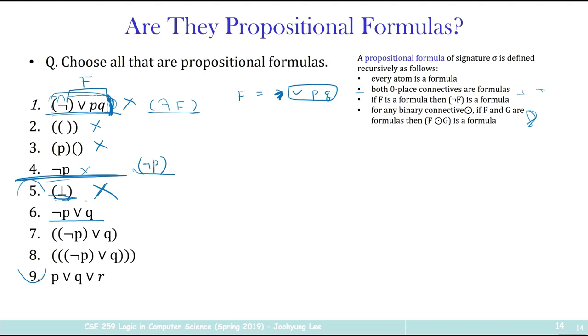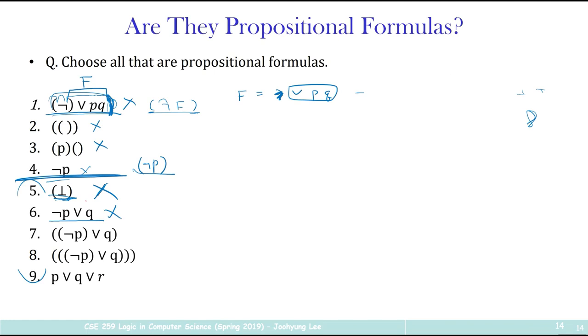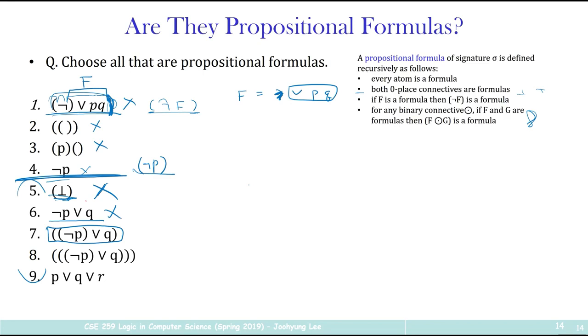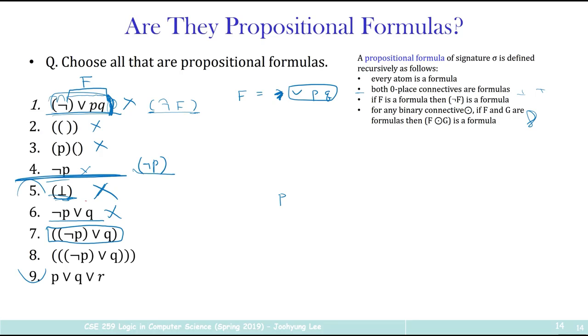What about 7? 7 is actually a formula. Why? Because we can actually apply the rules. P is a formula, right? And Q is a formula, right?